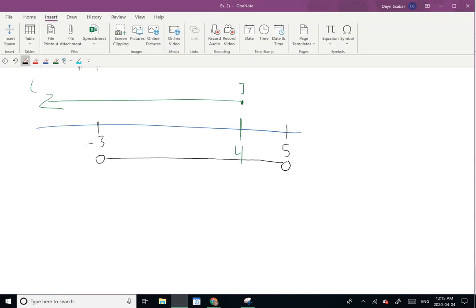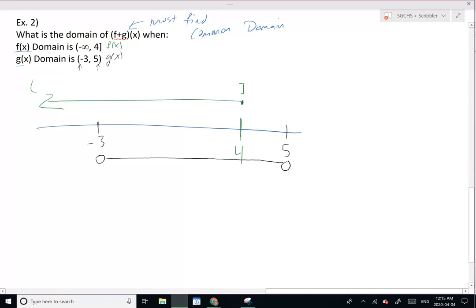Now to find the f plus g of x domain, we have to find the common domain between these things. So what do they share? Well, they don't share negative 3 because this does not include it, but they share any number greater than negative 3 all the way up to positive 4.